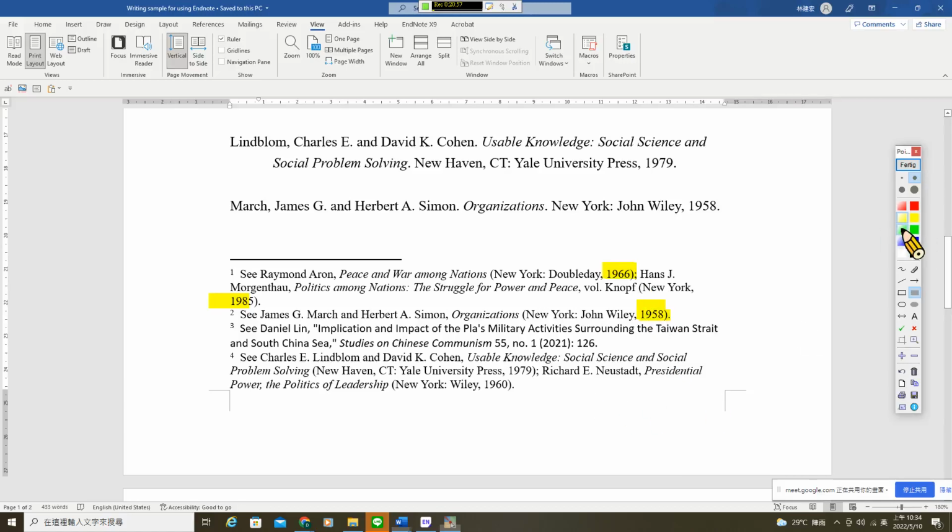But the thing is, if you have a classic work in some specific field, all the scholars in the later age will follow your ideas, try to explore and examine your ideas and your explorations on the issue. If you were Aron or Morgenthau, and you had written something so significant for later generations to enjoy and to wonder about, that would be great, right? I hope I can do that, just like me, Daniel Lin.